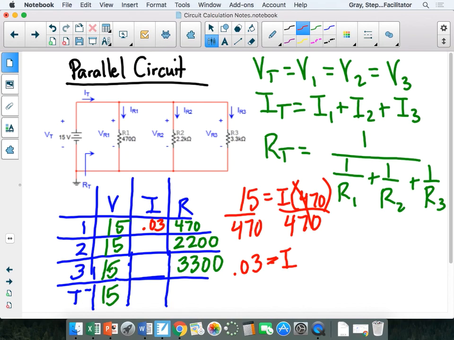Does anybody need me to set that up? It's the same thing again. I'm just changing the number, right? It's 0.0068, so 0.007. And here, 15 divided by 3,300 is 0.005.